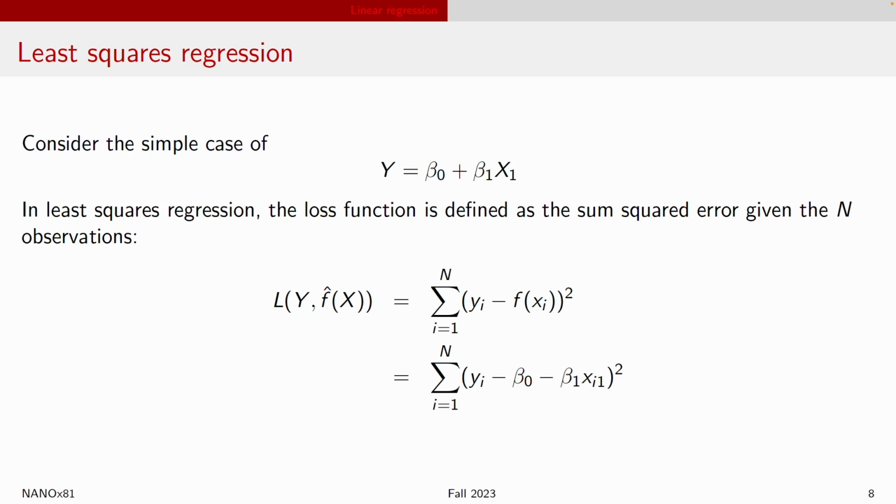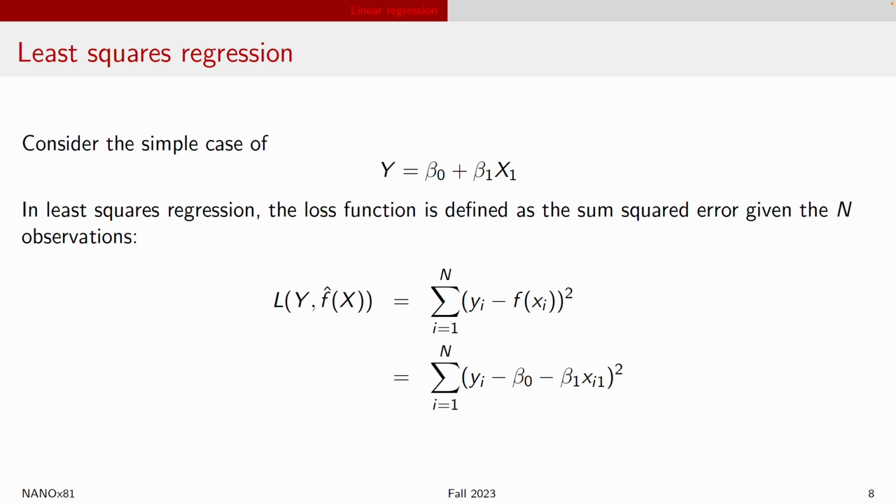So I'm going to take each of my observations y of i, subtract out that linear formula of x of i, and square the difference between them. This gives me the error between the predicted value, which is f of x of i, and my actual observed value, which is y of i. I square that number and sum it up over all the observations that I have. So this is called the sum of squares.